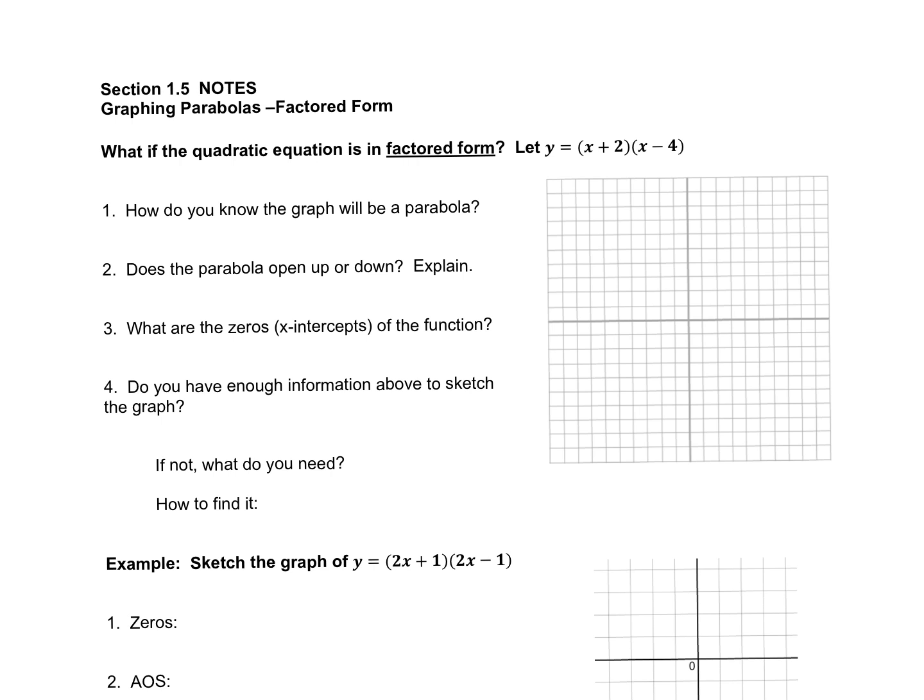How do you know the graph will be a parabola? What you want to look at is if you were to FOIL this and you did x times x, then you would get x squared. So FOILing gives us x squared.